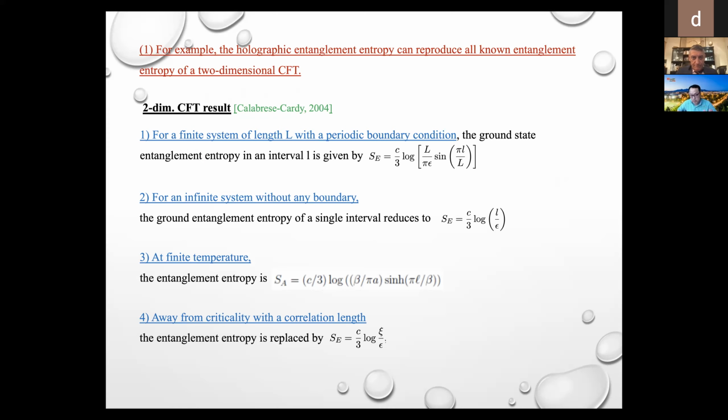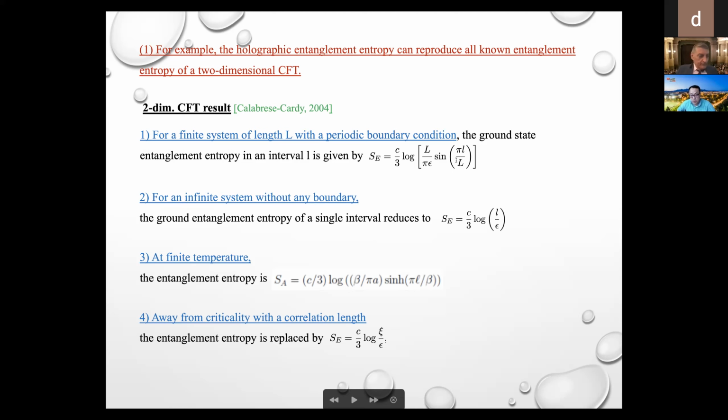Also, we compactify the time direction. Then we can describe the finite temperature case, where beta is the inverse of the temperature. The entanglement entropy of the two-dimensional conformal field theory at finite temperature is given by this one. This is also related to the infinite system.